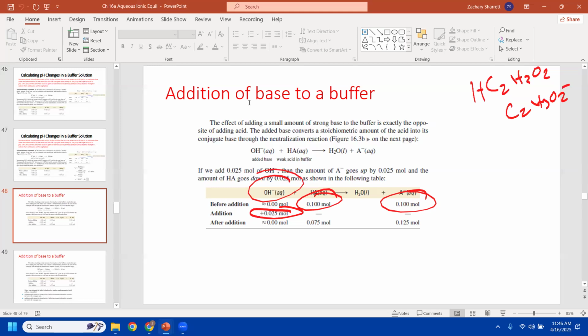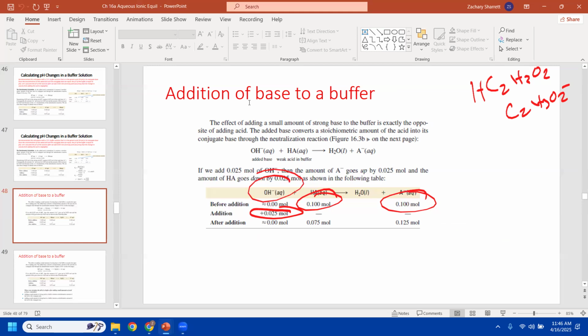What's different? The OH minus is not going to react with A minus. Minuses don't react with minuses.